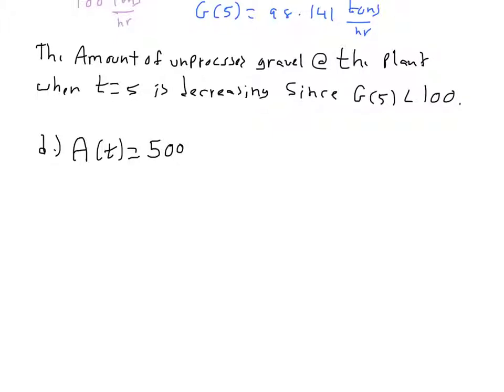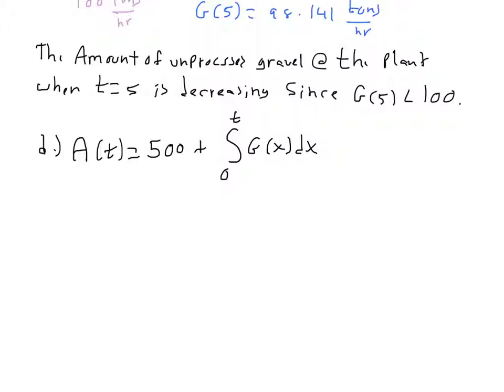It arrives according to that function g. So if we wanted to know the total amount, we would have to take the definite integral from 0 to t of that function g. I'm going to change my dummy variable here, just so I don't have my upper limit and my function defined as the same variable.